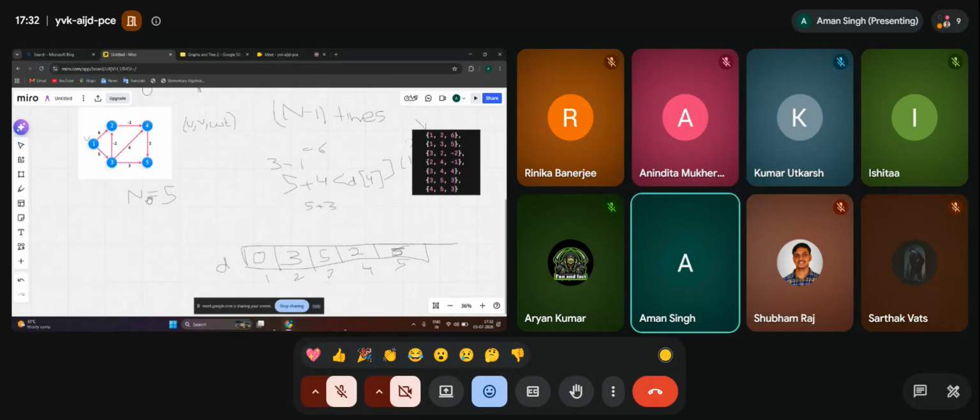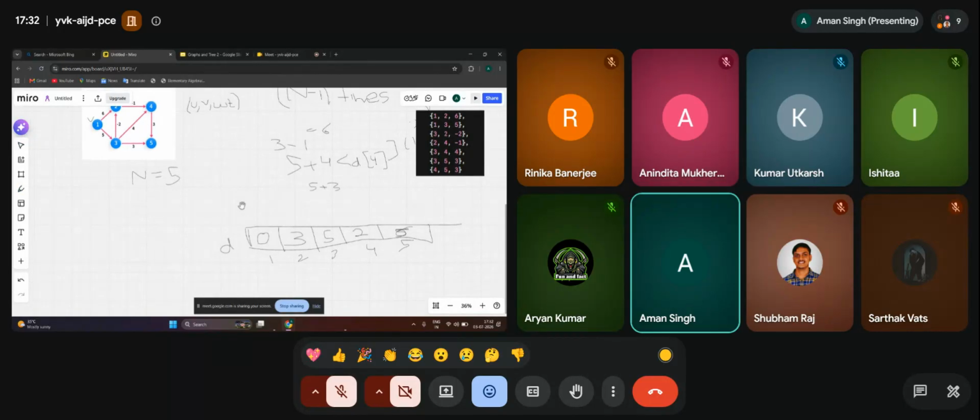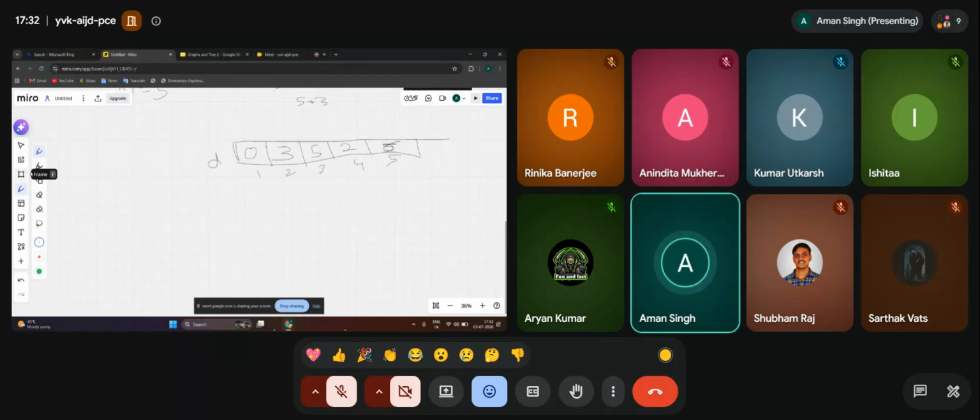Okay, so after this, let me tell you why only n minus 1 times. Why not more times, and why only n minus 1 times? So suppose we have a graph like this, a straight graph like this: 1, 2, 3, 4 with edge weights 3, 2, and anything like minus 5.